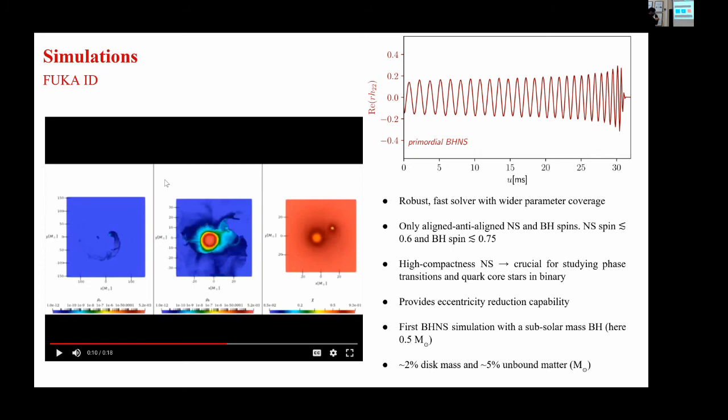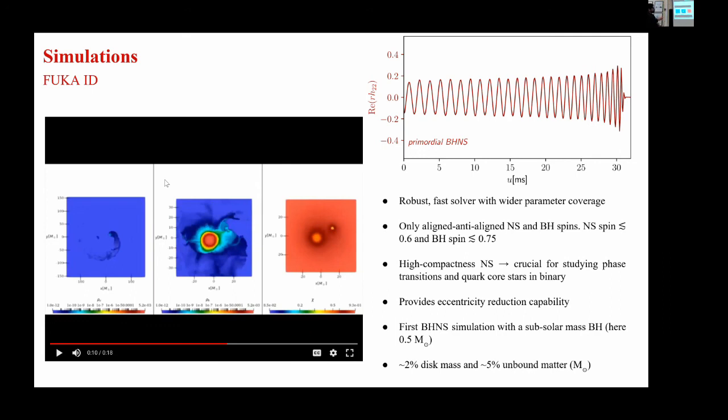So here, apart from using primordial black holes and their application in dark matter, black hole neutron star simulations of primordial systems are especially interesting because one expects a lot of tidal deformation of the neutron star.